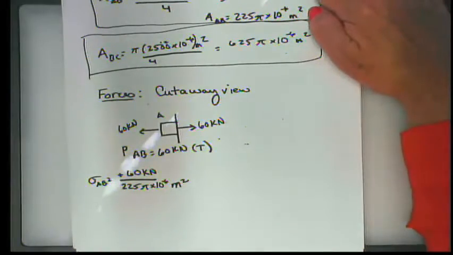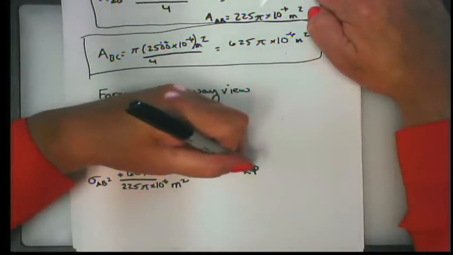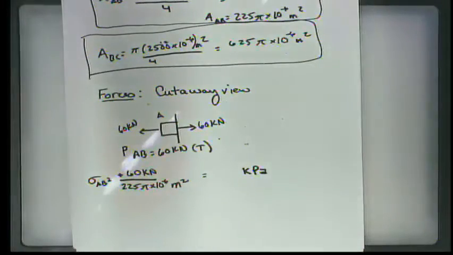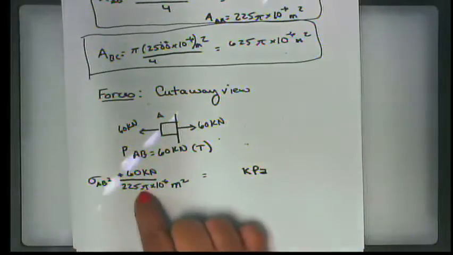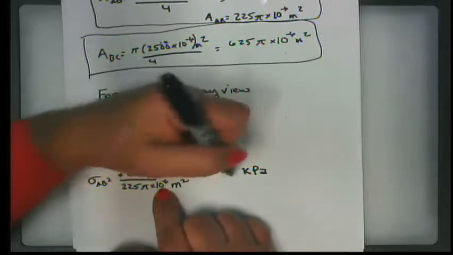Now remember, a newton per meter squared is a Pascal, so this unit is going to be a kilopascal. And the value is going to be 60 divided by 225 pi, and then 10 to the negative 6 in the denominator becomes 10 to the positive 6 in the numerator.